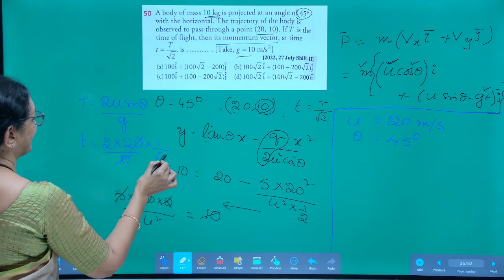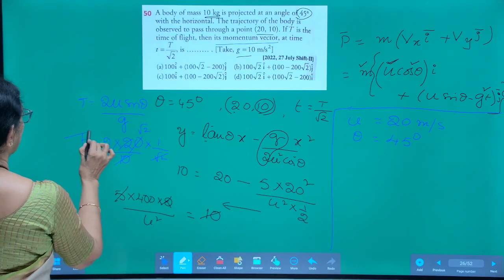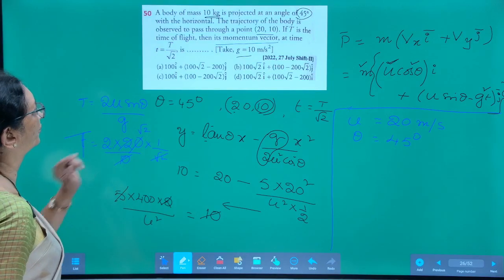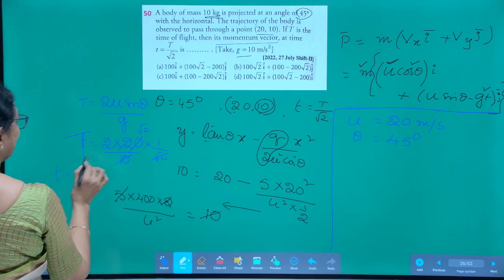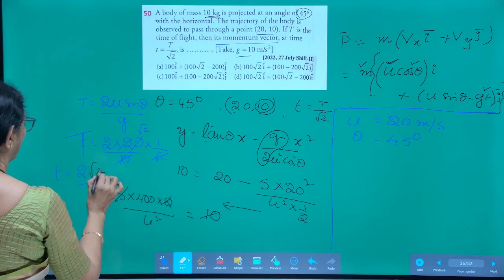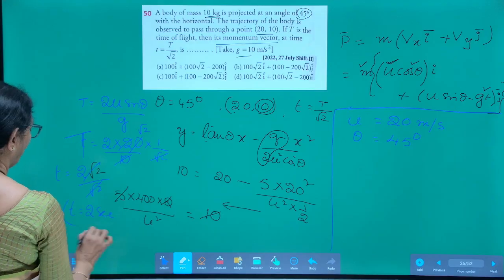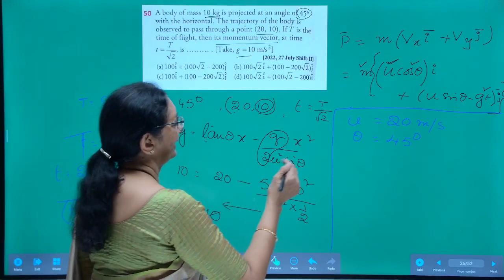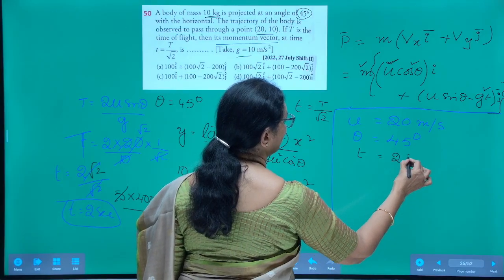This and this get cancelled. So, the time of flight is 2 root 2. So, t by root 2, t is equal to 2 root 2 by root 2, it is equal to 2 seconds. So, from that we could find out the time is given as 2 seconds.